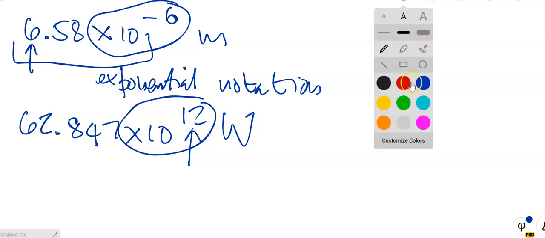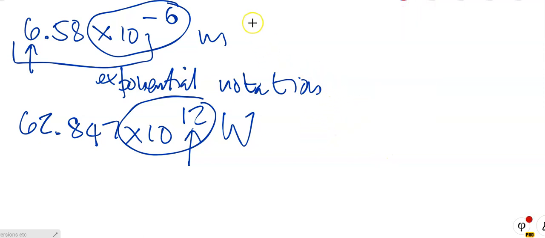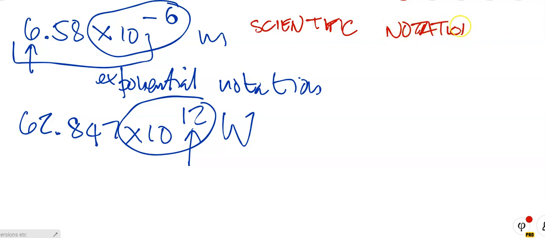Let me just change the color here. This here is scientific notation, and this here is engineering notation.